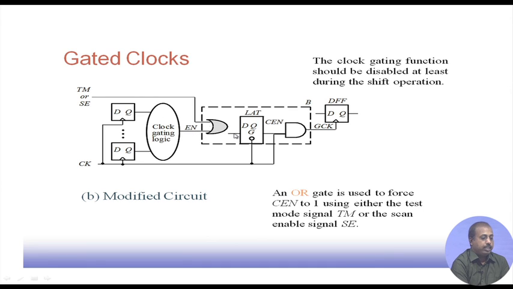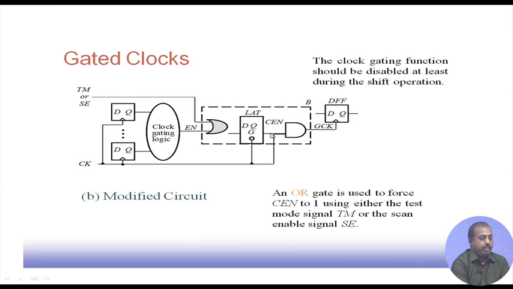In these cases, this OR gate output is connected to this D input. So, this latch value will be coming here, and then this OR gate is used to force this clock enable value to 1. In TM, test mode, or in shift enable mode, this OR gate output will be 1.